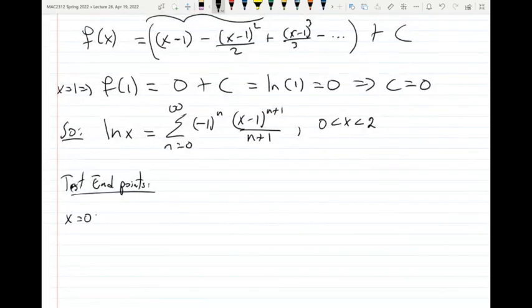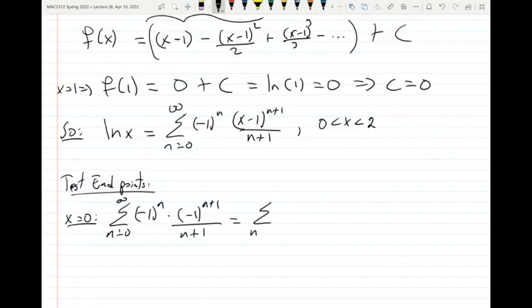So when x is equal to 0, what do we get? We're going to have the sum from 0 to infinity, -1 to the n times -1 to the n plus 1 over n plus 1. Yes? So what is this? This is the sum from 0 to infinity of -1 to the 2n plus 1 over n plus 1.